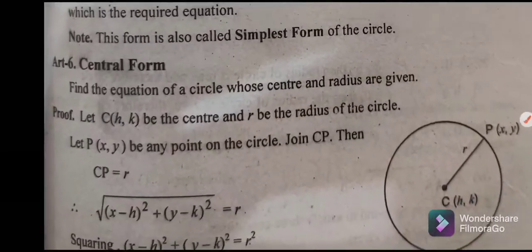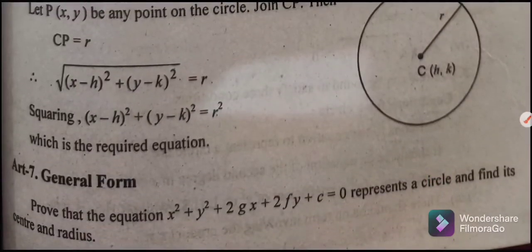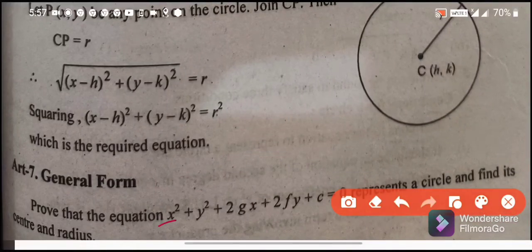Next is general form, a very important form. x square plus y square plus 2gx plus 2fy plus c is equal to 0. This is the general form of the equation. In general form, coefficient of x square and y square must be equal to 1.